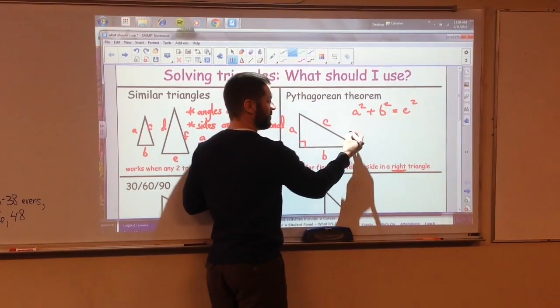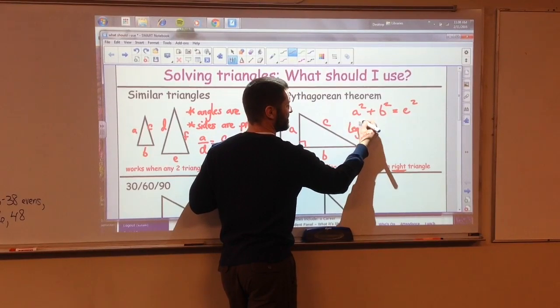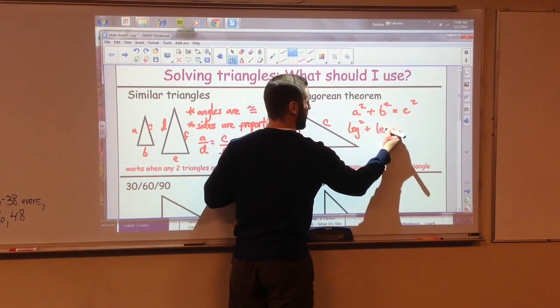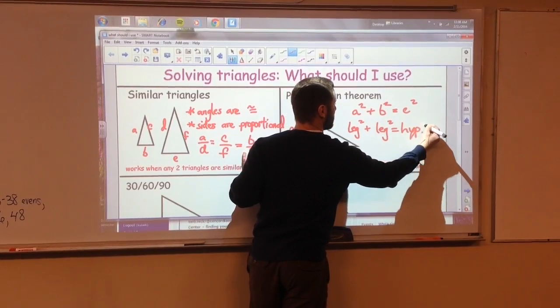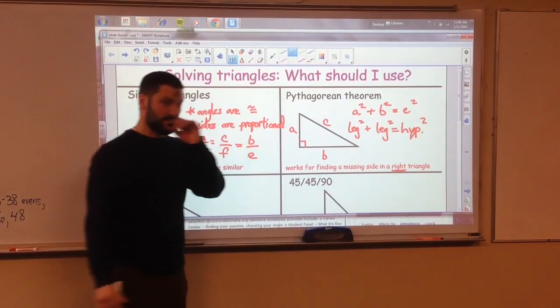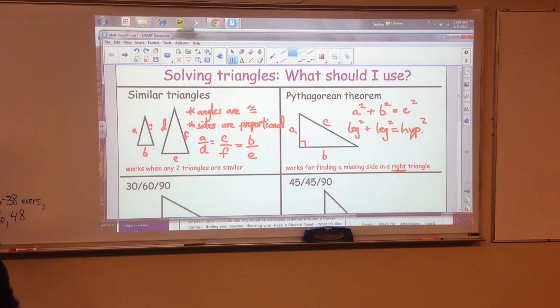And I also like writing it as leg squared plus leg squared equals the hypotenuse squared. The two smaller sides squared equals the bigger side squared.